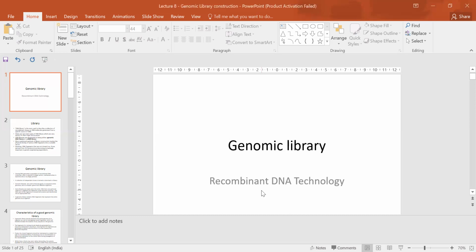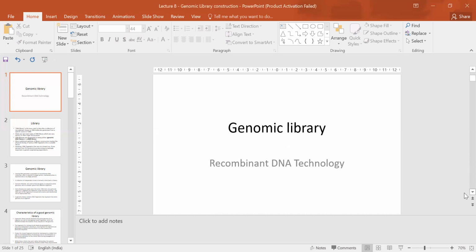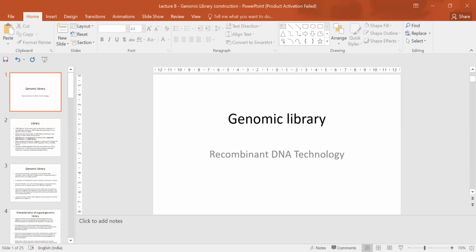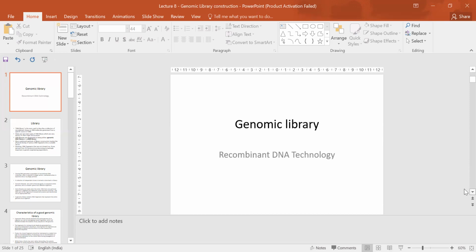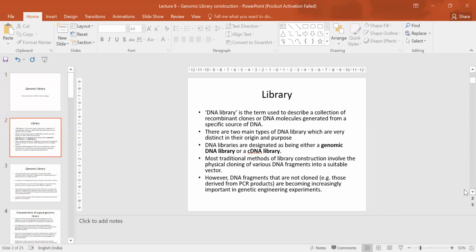So here in my slide, I would like to convey the message to the students of why it is important to study the genomic DNA and cDNA libraries. The DNA library is basically the term used to describe a collection of recombinant clones.